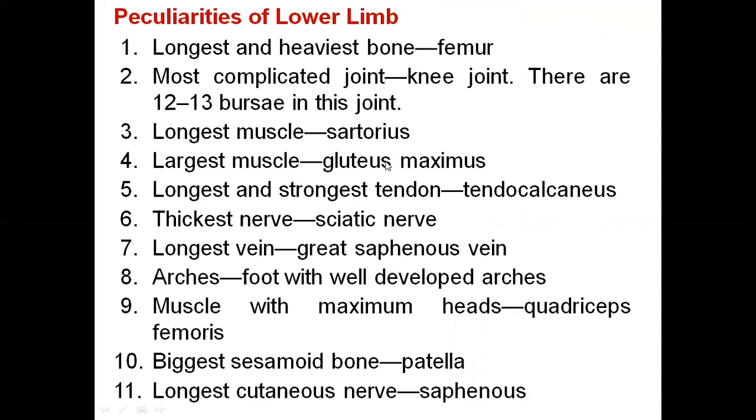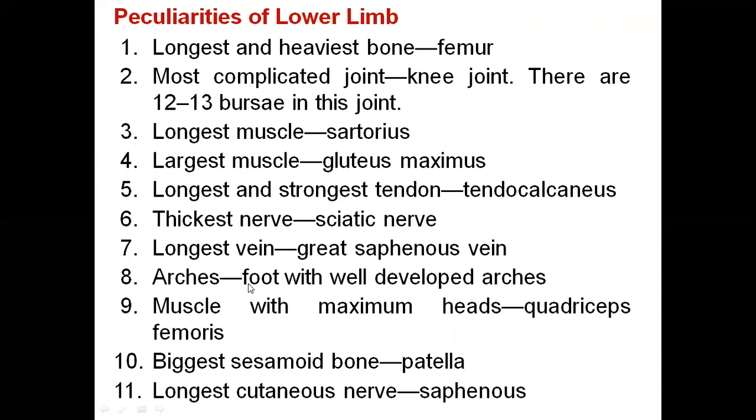The largest muscle is gluteus maximus, which is used to give IM injections, intramuscular injections, in the gluteal region. The longest and strongest tendon is the tendocalcaneus. The thickest nerve is the sciatic nerve. The longest vein is the great saphenous vein. Arches of the foot are seen medially, the medial arch, and laterally, the lateral arch.